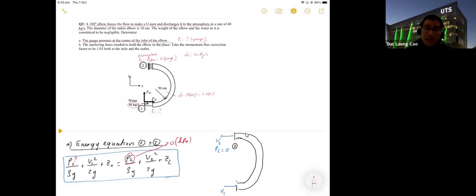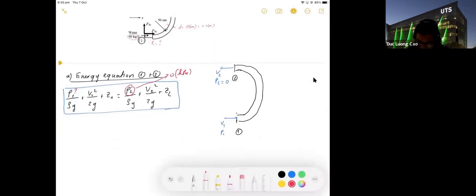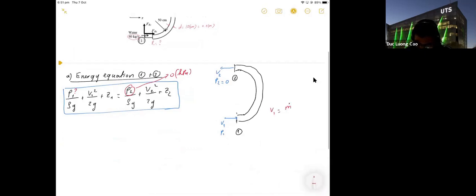The mass flow rate, yes. Using the mass flow rate, you have V1 equal to mass flow rate divided by density times area A1, and V2 equal to mass flow rate divided by density times area A2.